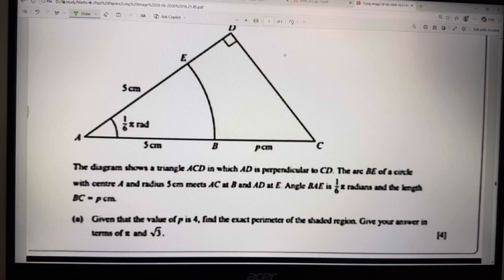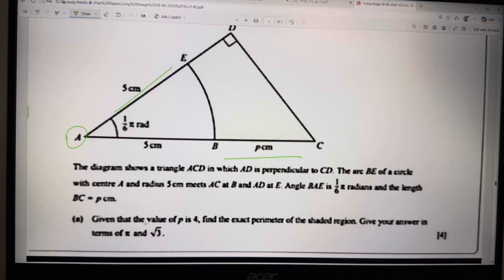CD is this, AD is this. And then the arc BE, this arc right here, is part of a circle with center A and 5 centimeter radius. Angle BAE is equal to pi by 6 radian, and the length BC is equal to p.